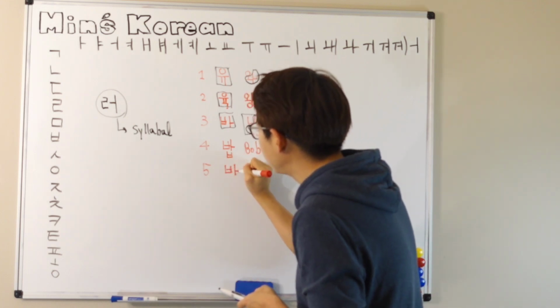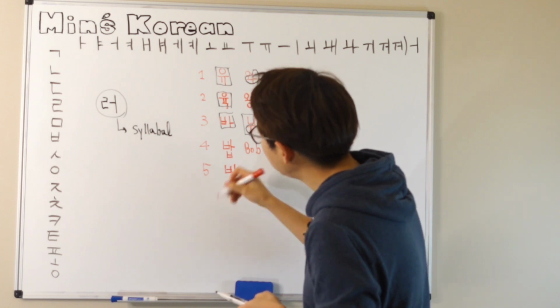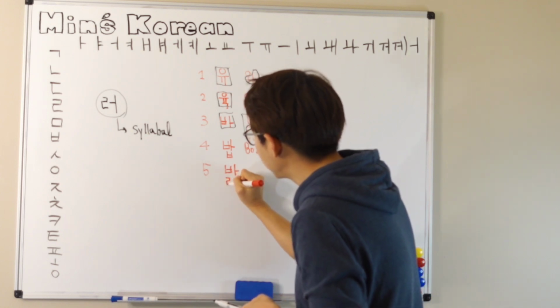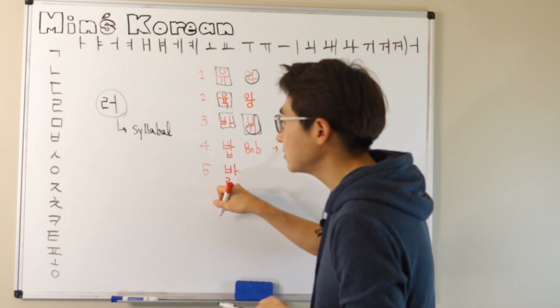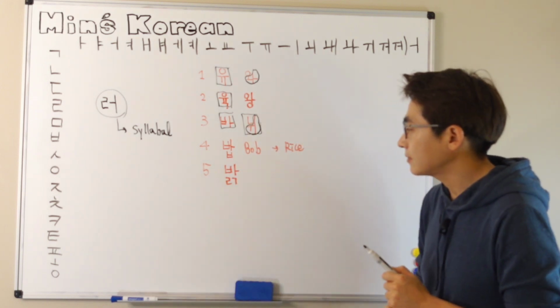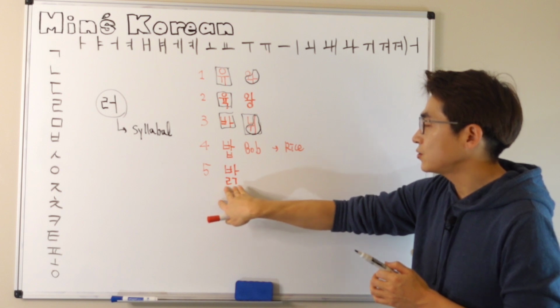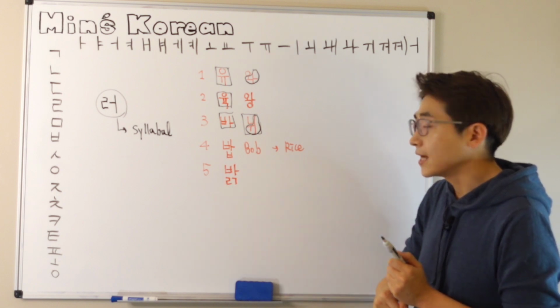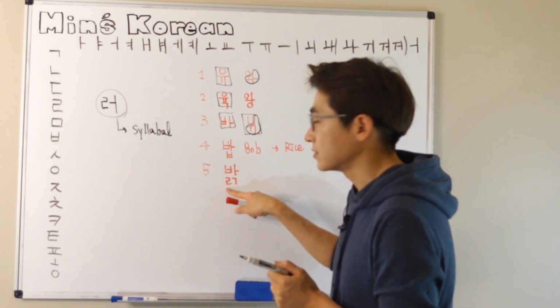All right. And the final example is when we have something like this. We can have a consonant and then a vowel, and then we can have a consonant ending, but not just one, but two, like that. In this case, we have to squeeze these two together to fit in the right size, and then we have to choose which one to pronounce.